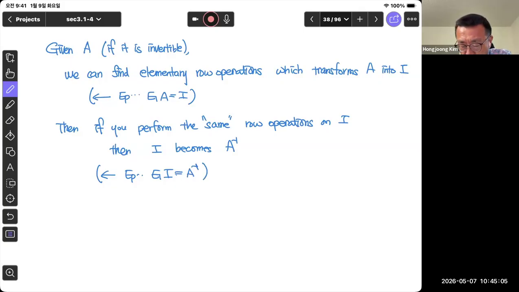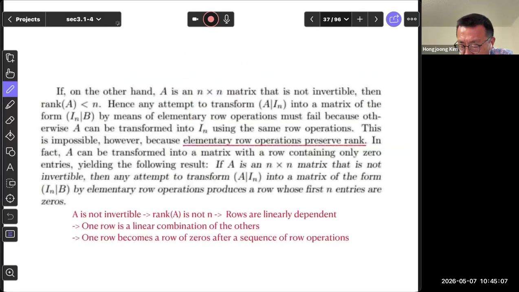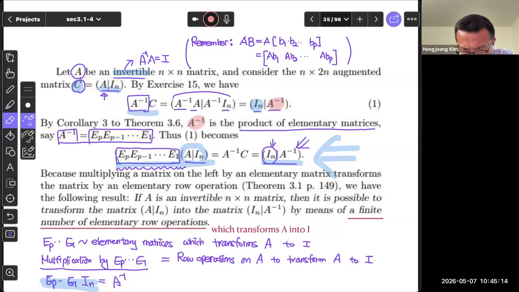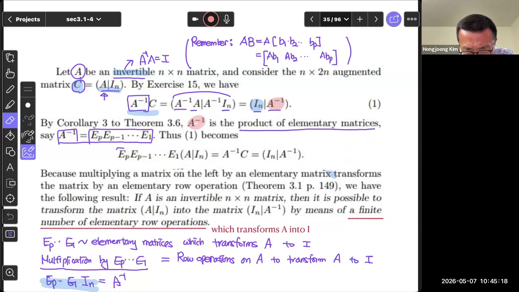So this product multiplied to A will become the identity matrix.